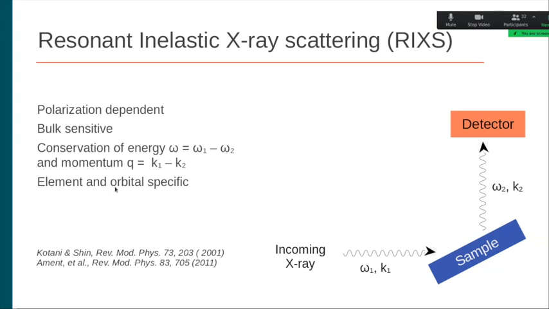The most important property of RIXS, and what I think makes it more interesting, is the possibility to be element and orbital specific. Since it is resonant, we tune the energy of the incoming photon to a specific state that we want to study.